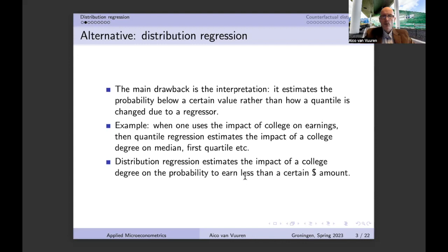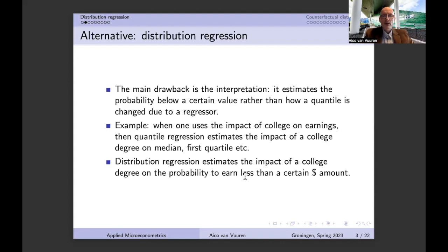Well, we already know that if we do median regression and the college dummy is equal to 0.4, that means that the person who is exactly at the median is going to get 40% extra in terms of pay when that person has a college degree rather than not having a college degree. That's the interpretation with respect to quantile regression, and it's quite in line, of course, with standard linear regression analysis.